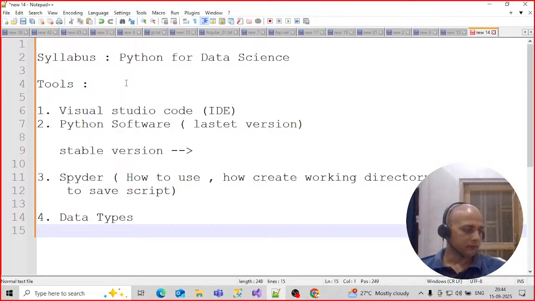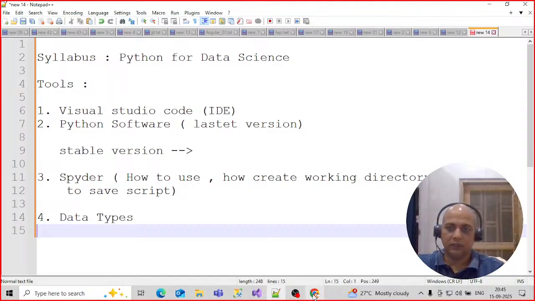We can easily execute things directly, without wasting our time, and solve real-world problems. We can also decide which data type needs to be taken for a particular type of operation. So understanding data types is very important in any programming language.